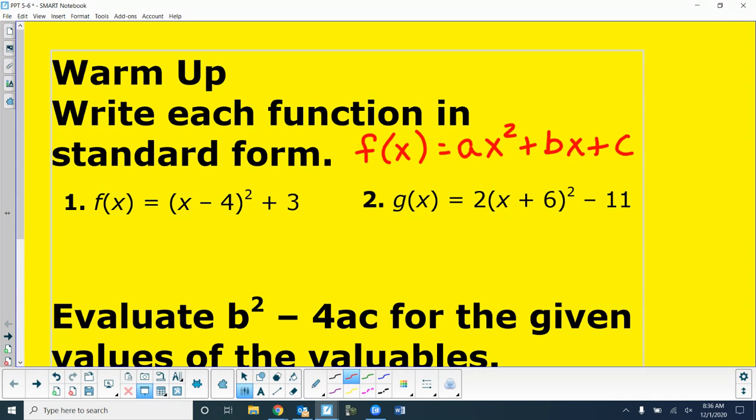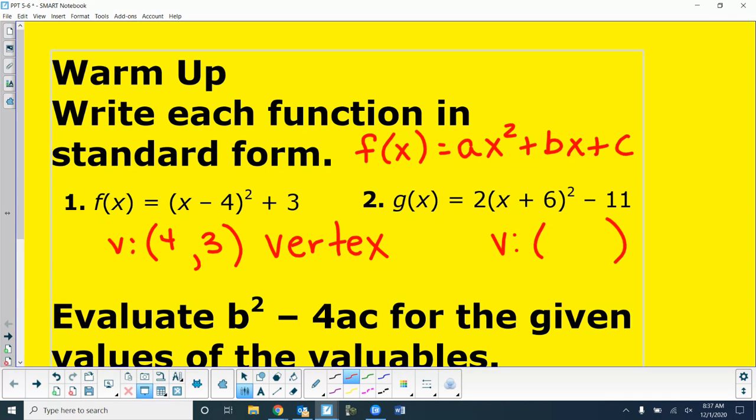What do we need to know to graph a parabola? The vertex, yeah. So this is vertex form. Okay? What's the vertex of this one? Close. 4, 3. What's the vertex of this one? Negative 6. Negative 11.